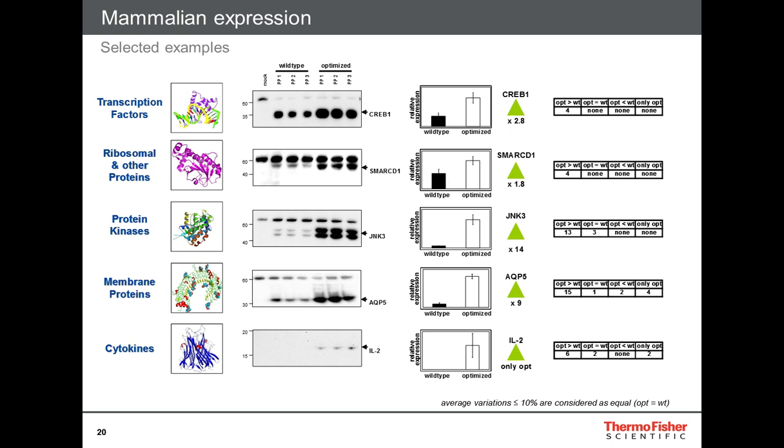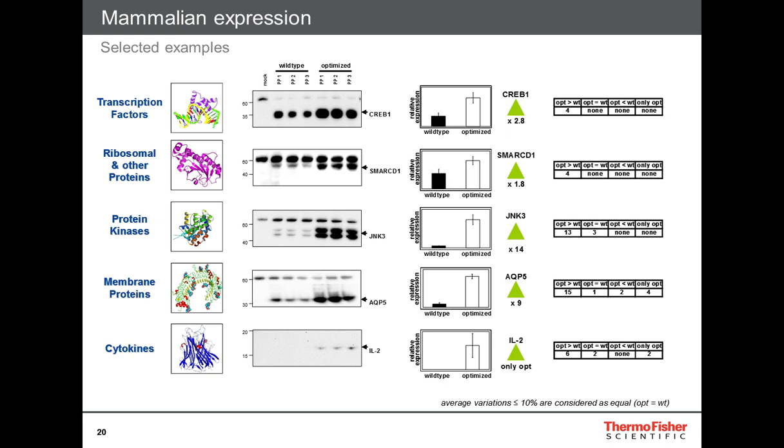So here are some snapshots of the outcome. All the transfections and quantifications on a Western blot were done in triplicates, and you see for CREB1, a transcription factor, in the top row, that it's noticeable on the Western blot very nicely that the optimized version had a higher expression than the wild type, in that case a 2.8-fold increase of expression.